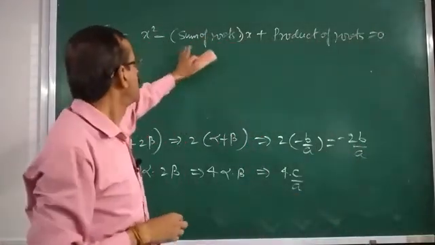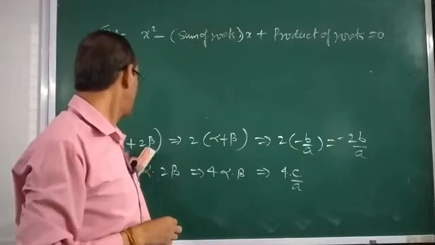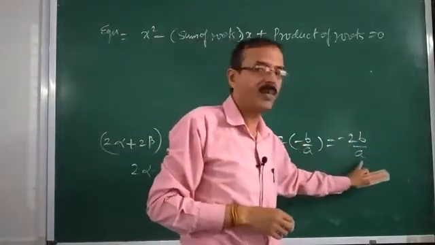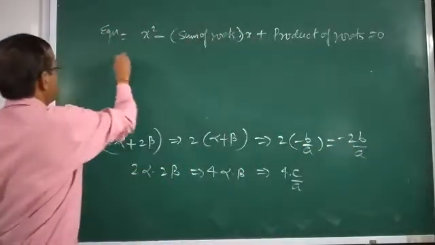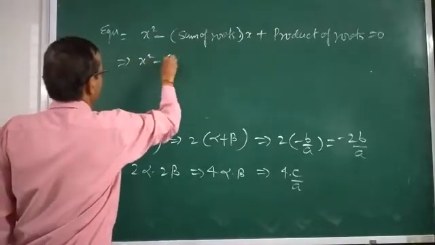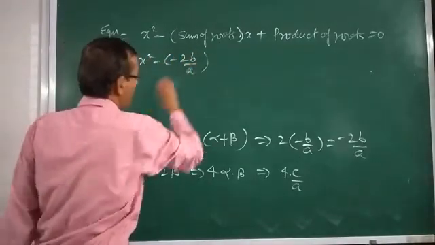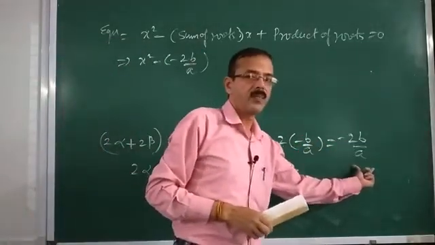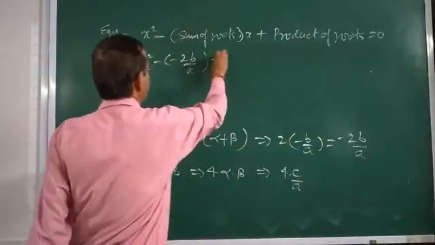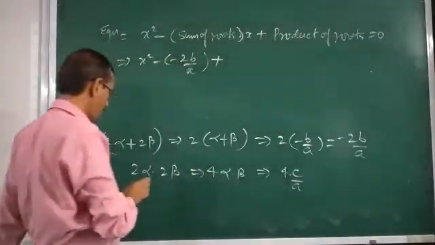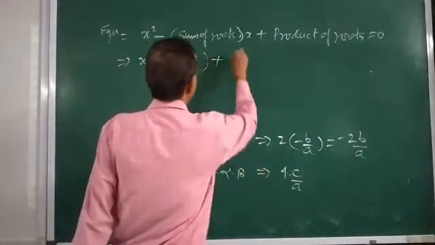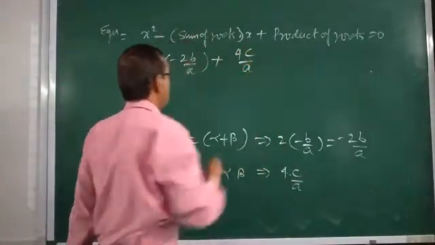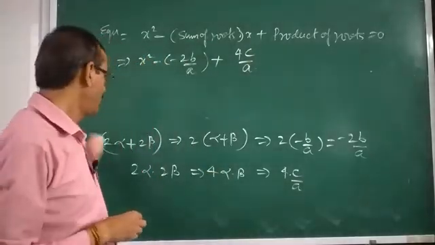Clear? Now, what came as the sum of roots? By taking 2 alpha plus 2 beta, it is coming minus 2b upon a. So put here x square minus, sum of roots is equal to minus 2b upon a. Now plus product of roots, that is 4c upon a. Right? Now, simplify this.